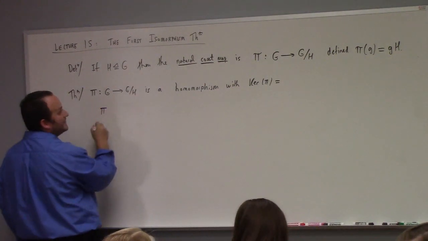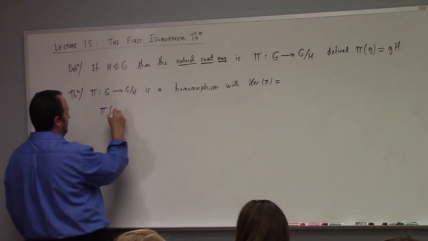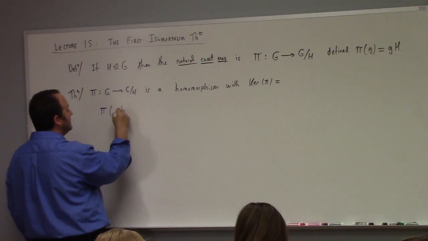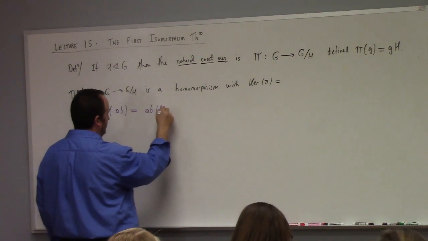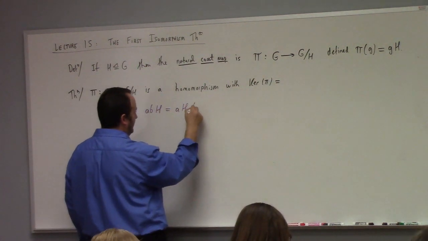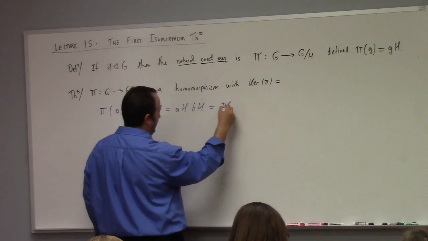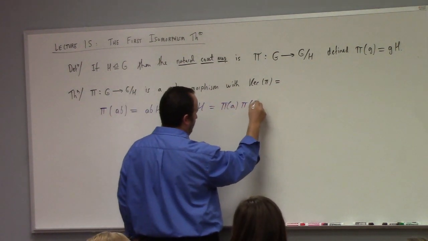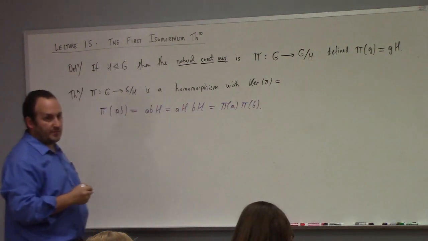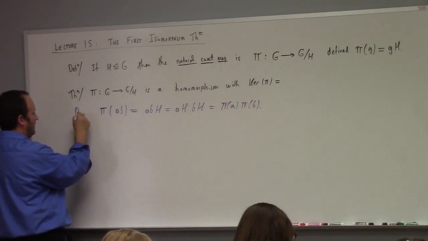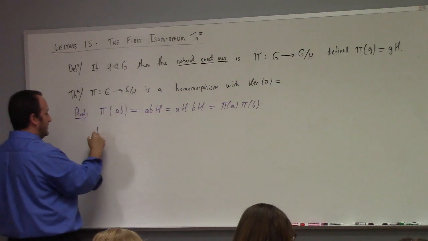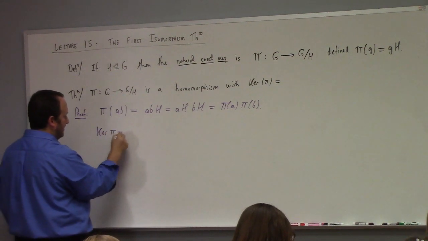So π(ab) = abH = aHbH, which is π(a)π(b). There you go. That's the homomorphism property, right? What's the kernel of π?